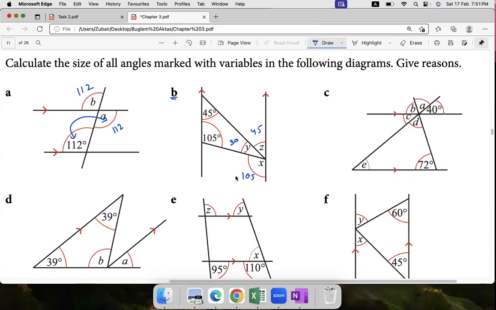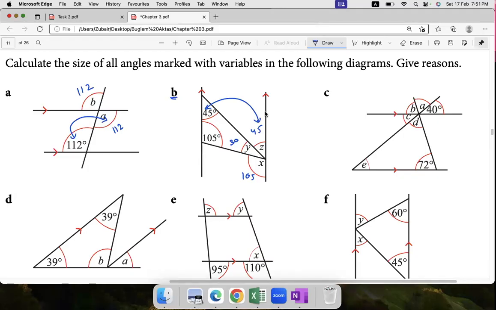And for Z and X, name of property. These two are 45. And what do we call them? Corresponding? Alternate. This is corresponding.